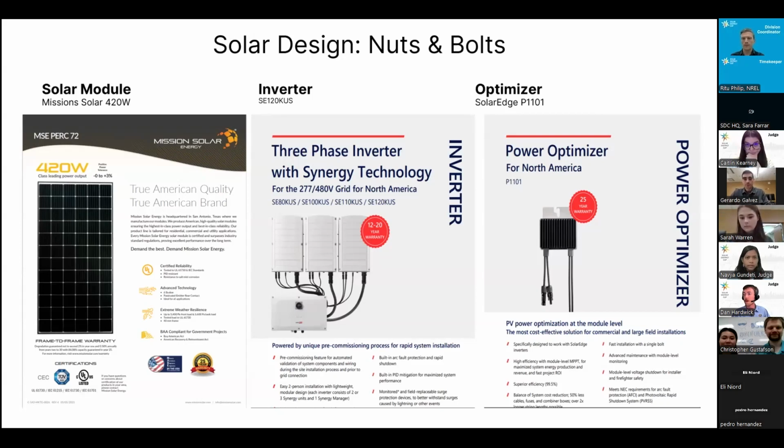So for my part, I was part of the conceptual design. I have the bill of materials, which here we have the Mission Solar on the left.